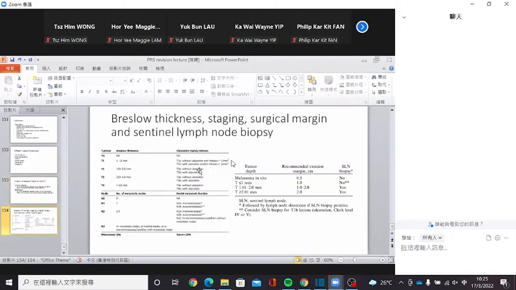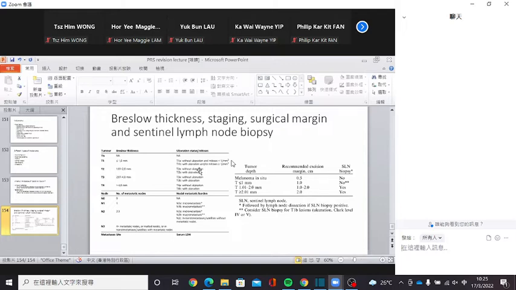And for the role of sentinel lymph node biopsy as well as the surgical margin, this diagram summarizes it. For those lesions of intermediate thickness, we will offer sentinel lymph node biopsy. And if that sentinel lymph node biopsy comes back positive, then we will offer the patient a regional lymph node dissection.